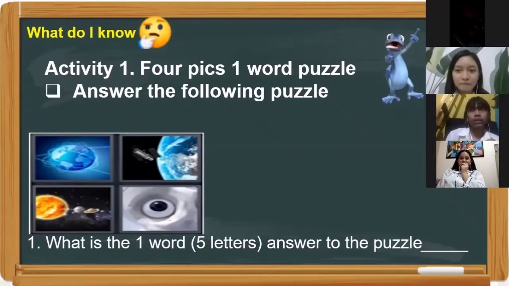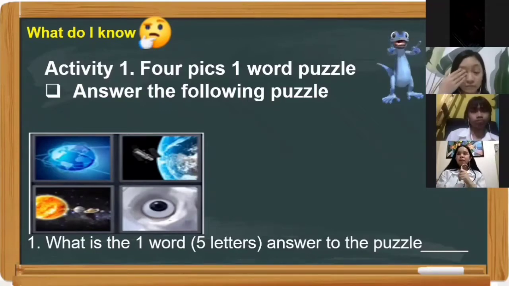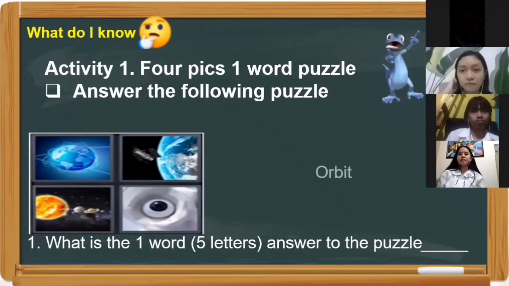Solar? Opo. Solar din po. Ano nga ba yung ini-emphasize ng picture na yan? Nasa solar system, pero ang ini-emphasize pala dyan is the orbit. Orbit yung ini-emphasize. Okay? Next.